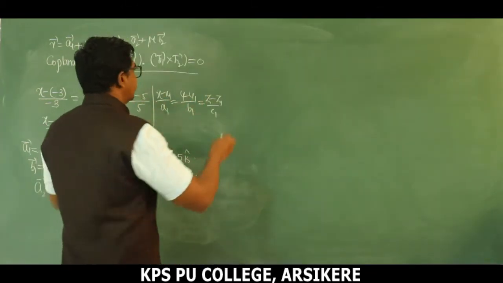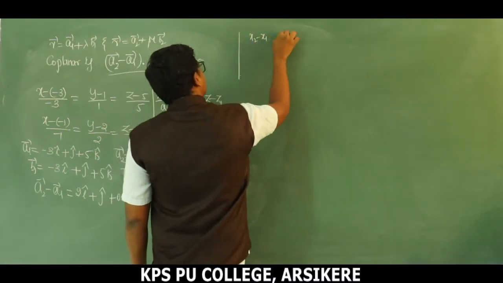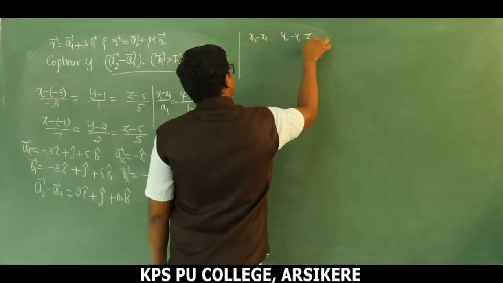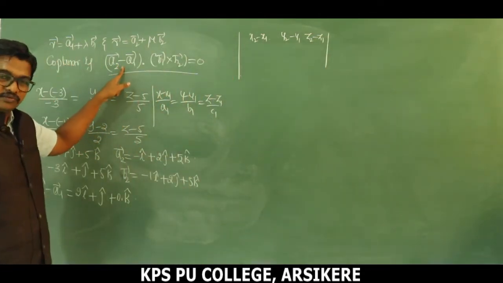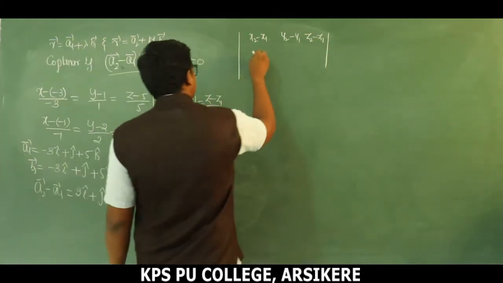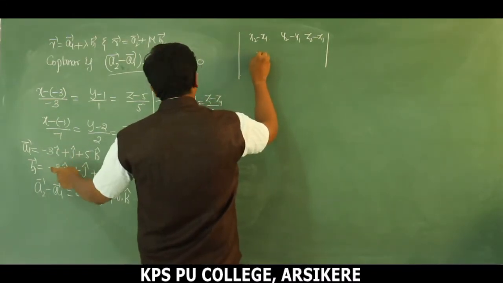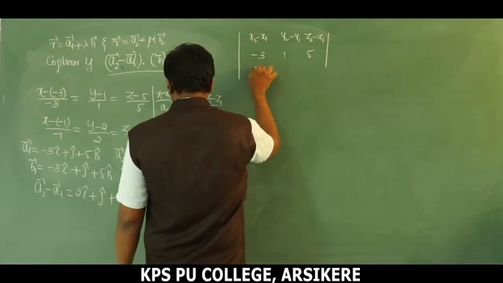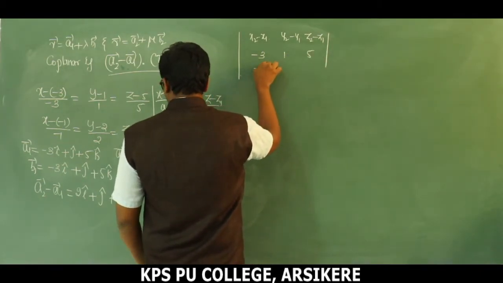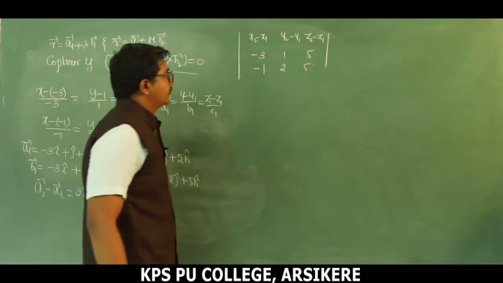The expansion of this term becomes x2 minus x1, y2 minus y1, z2 minus z1, or else directly write the components of this, that is also valid. And this becomes b1, the components of b1 are minus 3, 1 and 5, and then minus 1, 2 and 5.